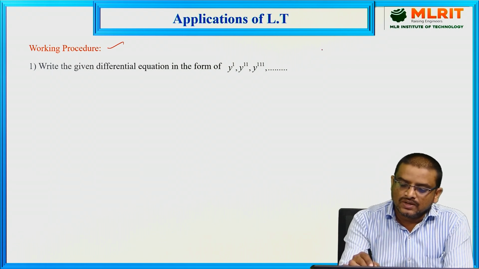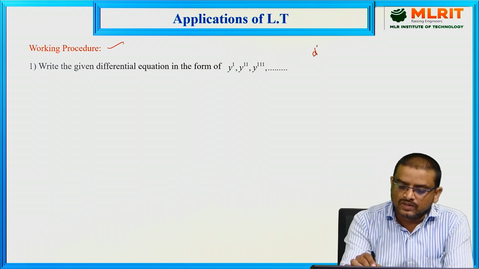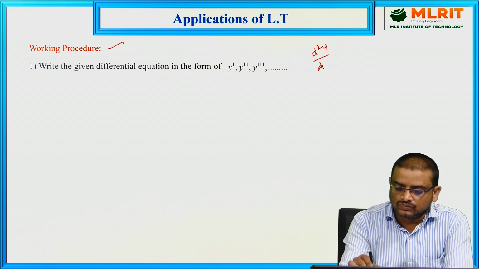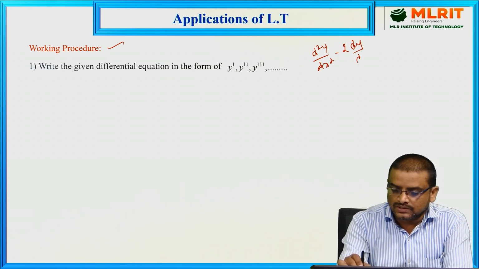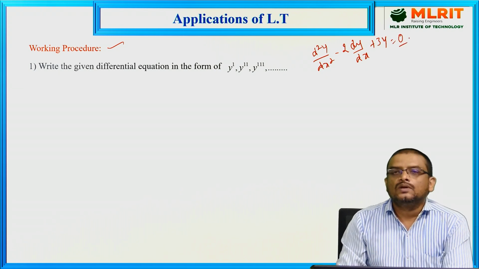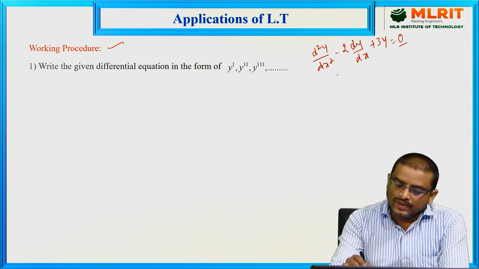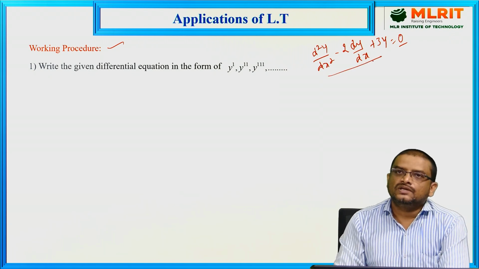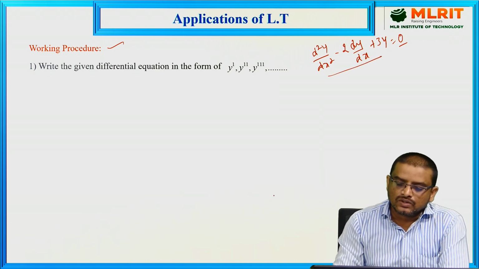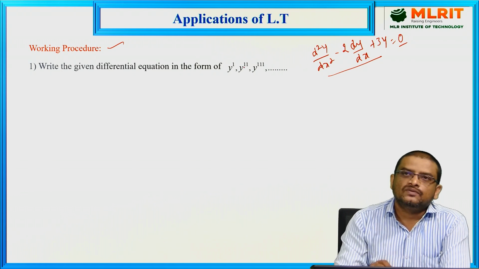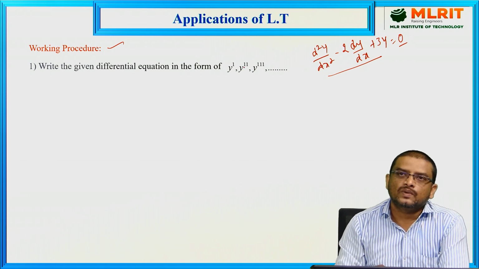Sometimes they will give the differential equations as d square y by dx square minus 2 into dy by dx plus 3y is equal to some function, or equal to 0. Whenever we have this type of differential equation, we have to convert it in the form of y dash, y double dash and y triple dash.